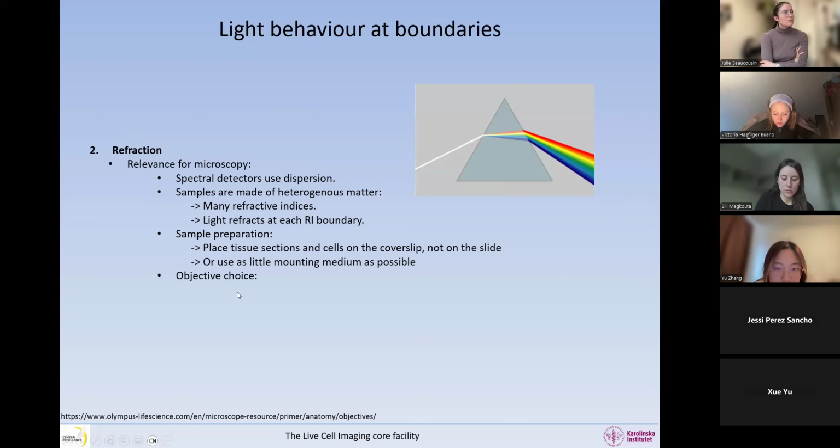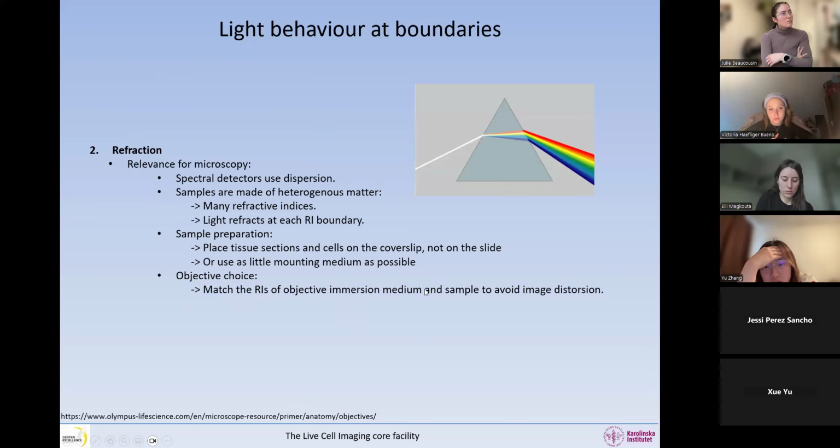It also has a consequence on the choice of objective. We need to match the refractive indices of the objective immersion medium. For example, the immersion medium of an oil objective is oil. So the objective immersion medium and the sample, we need to match their refractive indices to avoid image distortion.